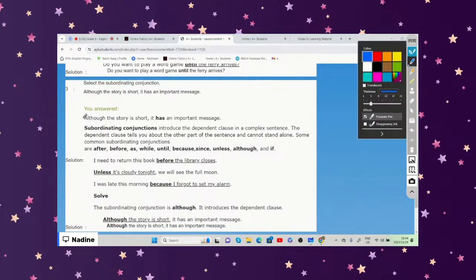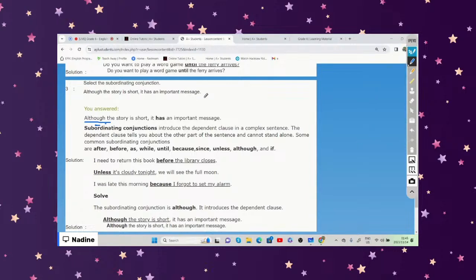Although the story is short, it has an important message. All right, so that is now the end of our lesson. Although is our subordinating conjunction.